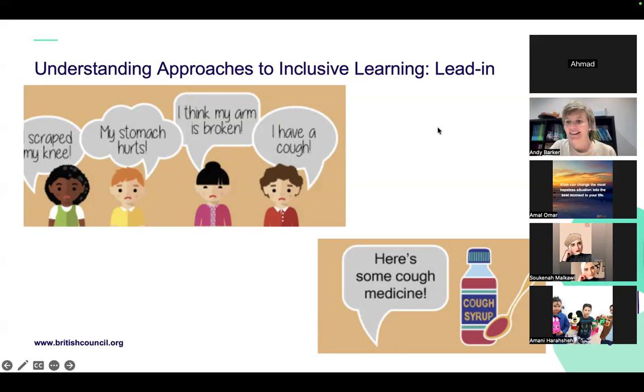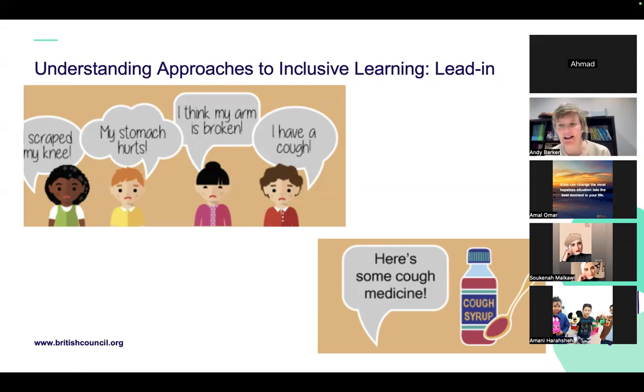It shows that each student has a problem, and the photo shows that each one has a different health problem and the same medicine for them. Okay, good. Maybe that reflects what happens in our learning environment.